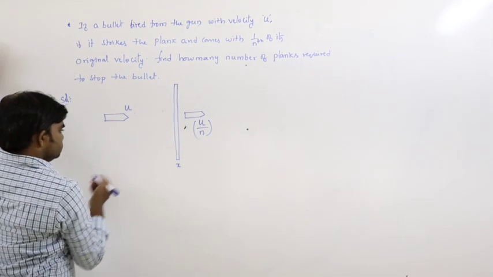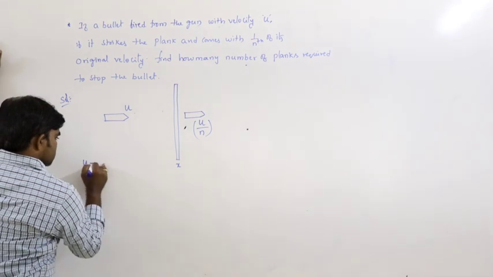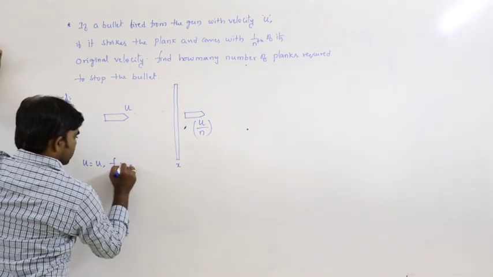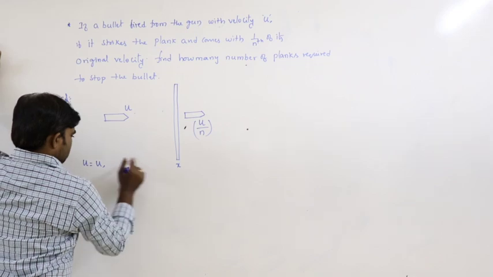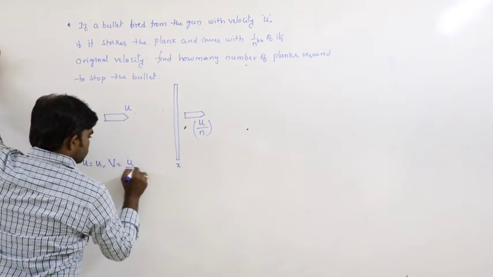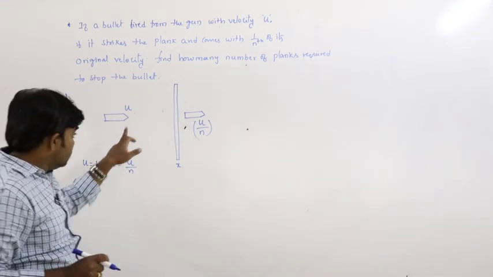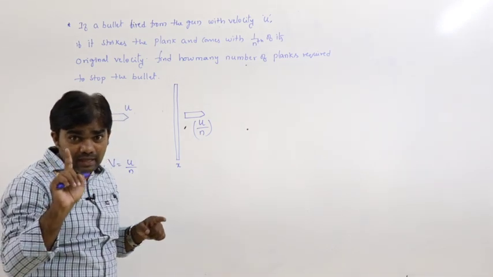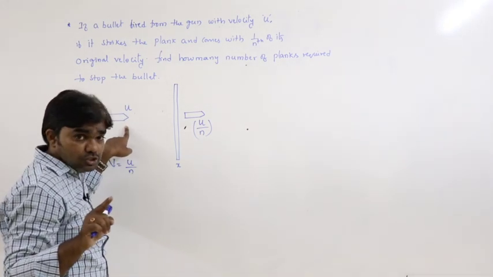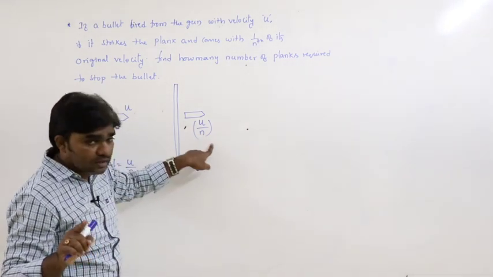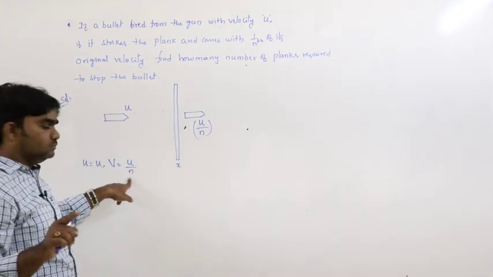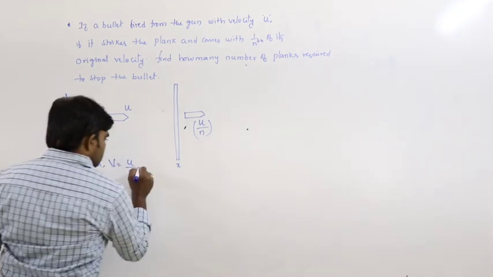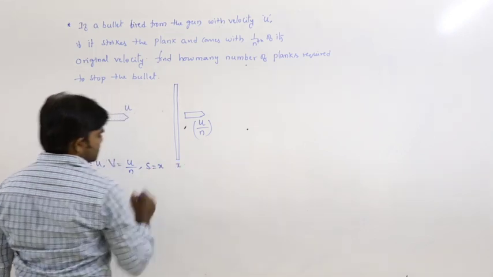See here, initial velocity is u and final velocity is u by n. I am calculating for one plank here. Initial velocity is u, final velocity is u by n, and displacement is x.